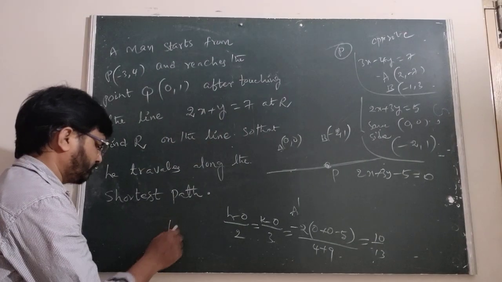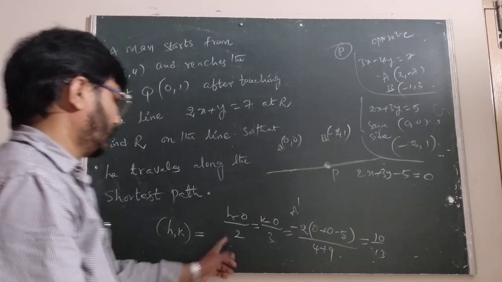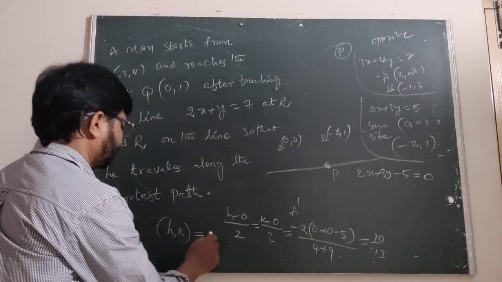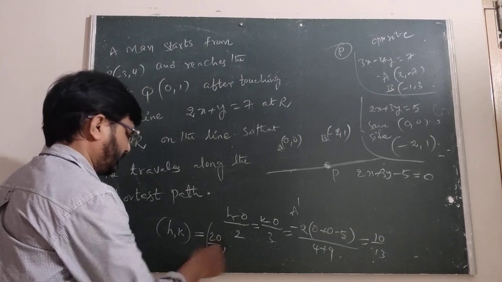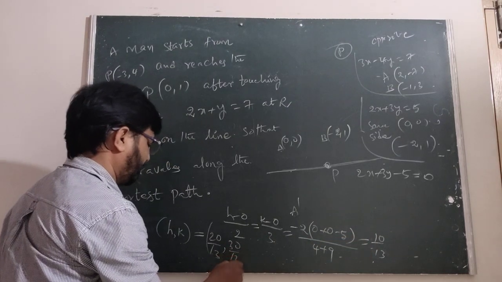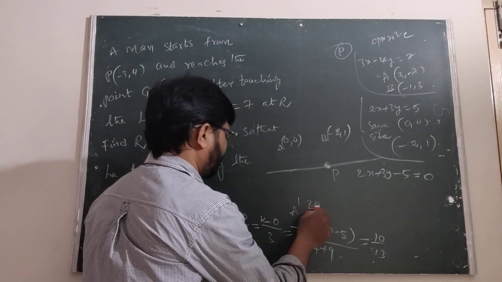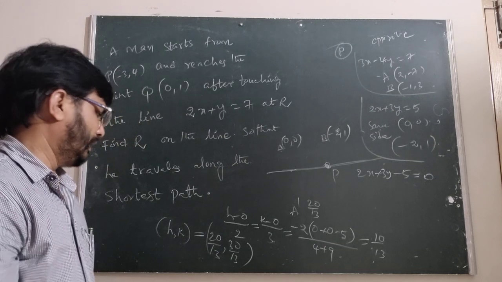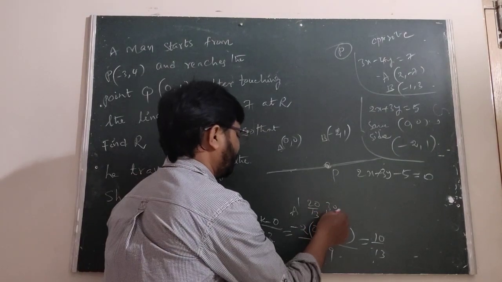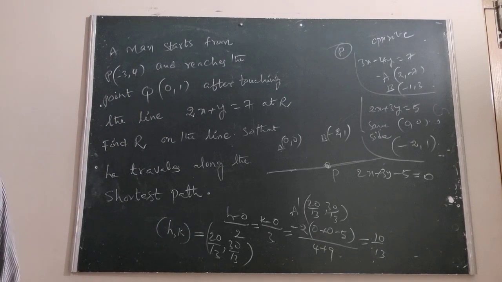Now we take (h, k) equal to (20/13, 30/13). Okay, so the image is (20/13, 30/13). So this is the image of this point.